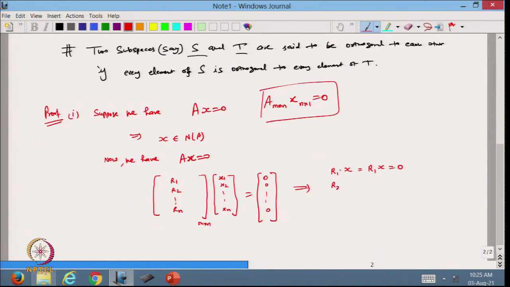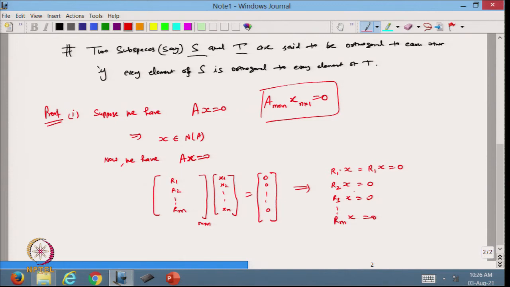Also R2 x is 0, R3 x is 0, and Rm the last one. So this is my m, because we have m number of rows, so it goes up to m, and that is equal to 0.